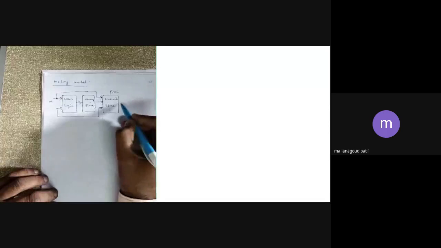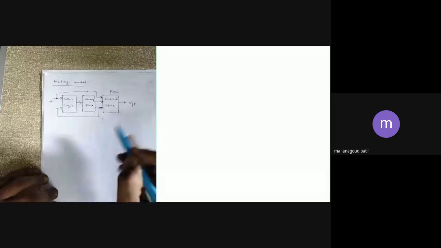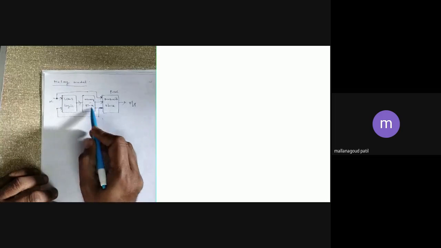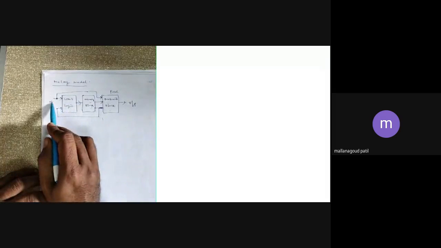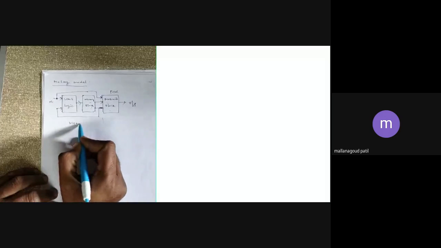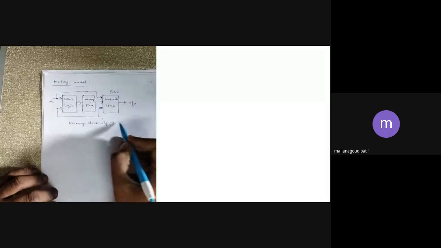Then what you have to say, its output, final output I can write. The final output will be dependent on memory block output as well as the current input. Now memory block output, what I am writing here, memory block output, I can write it as current state.